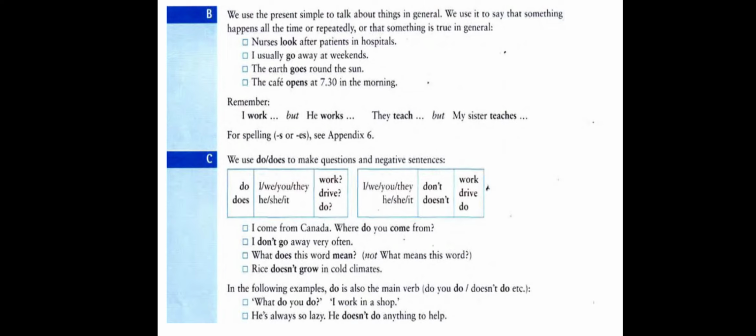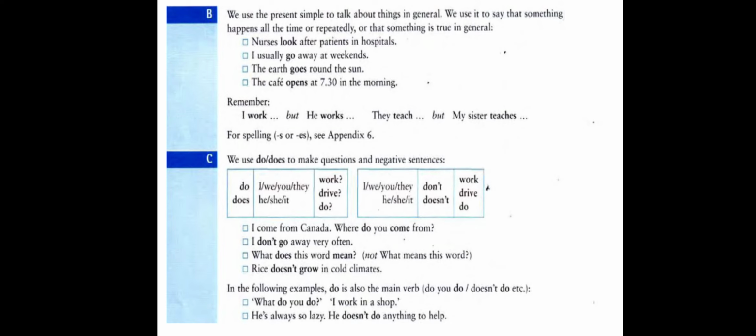The helping verb in this case is do because the subject is plural. So we use do and we add not. So it becomes I don't work, we don't work, you don't work, they don't work. I don't drive, we don't drive, you don't drive, they don't drive.